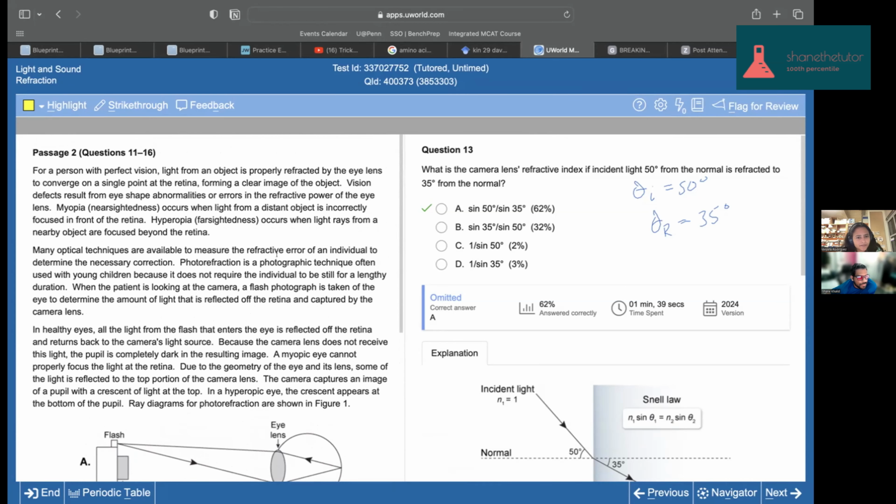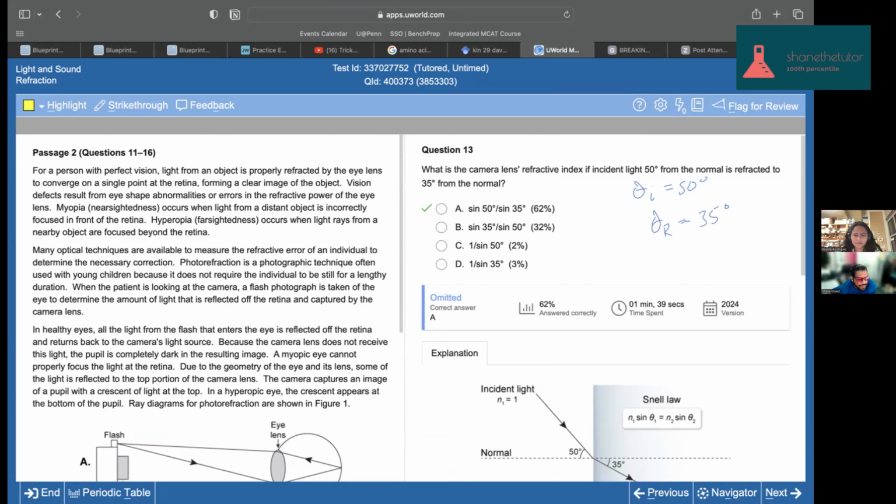Okay, let me see. Flash photograph off the retina captured by the lens. So I guess it's going from the air to the lens. So the lens is going to be the more dense medium here.